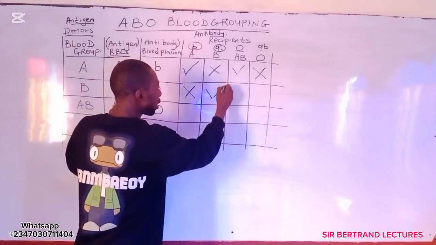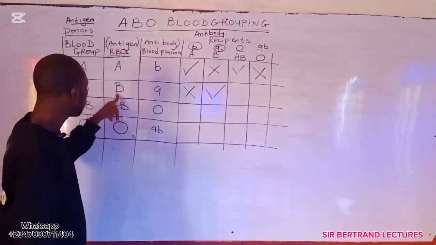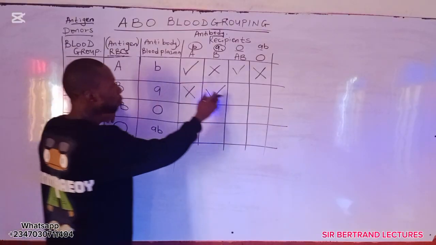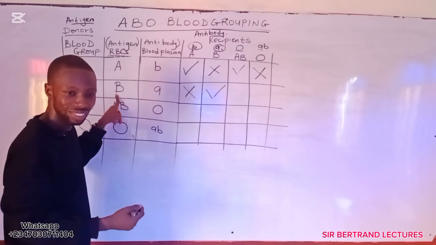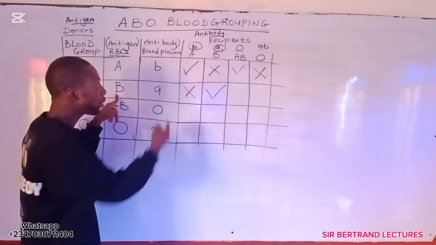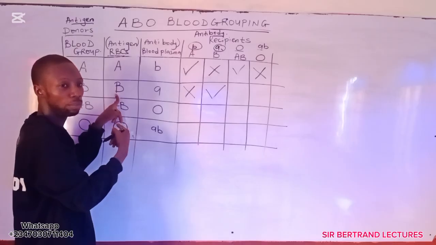That's why the blood can go. Do you get? Then blood group B is trying to give blood to AB. Is it possible? Yes, it's possible because there is no antibody to react with the antigen B here in the blood sample.